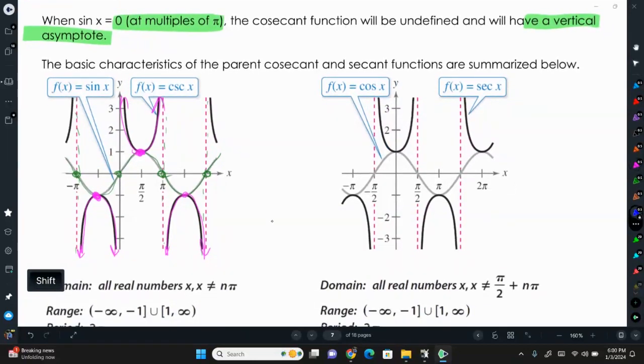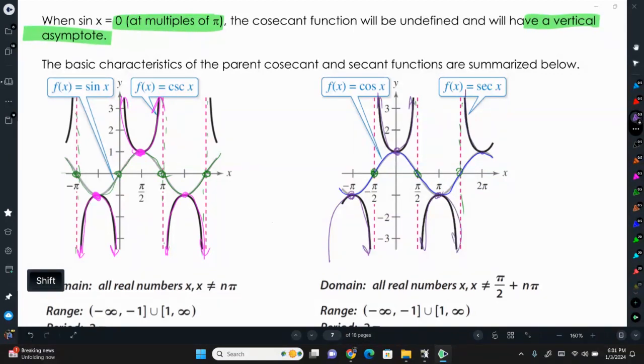Here's our secant graph, and the corresponding cosine function is right here. Anytime we cross that midline, again, we have a vertical asymptote. And whenever there was a minimum or maximum of that cosine graph, we had parabolas graphed away from the midline.